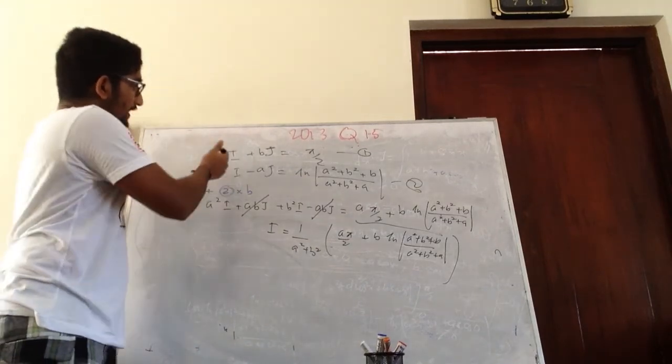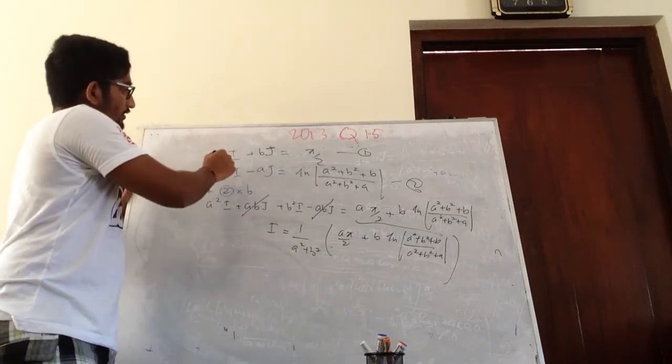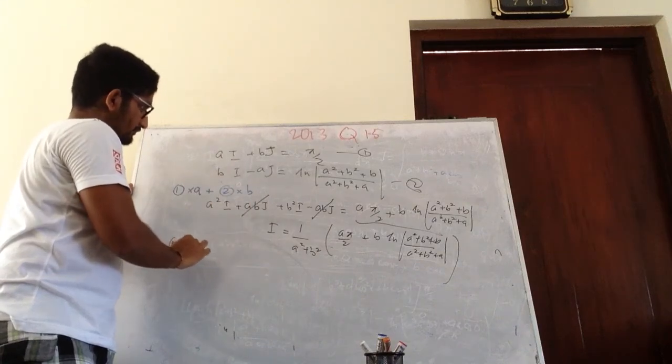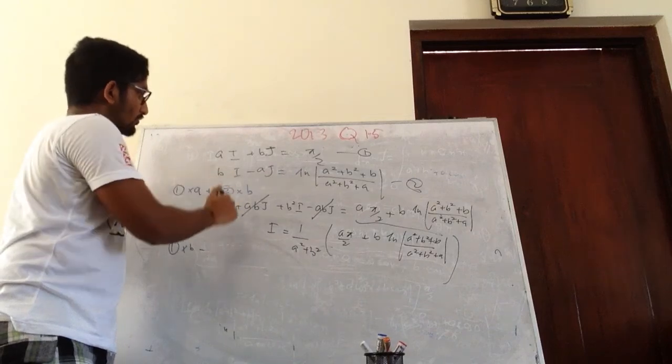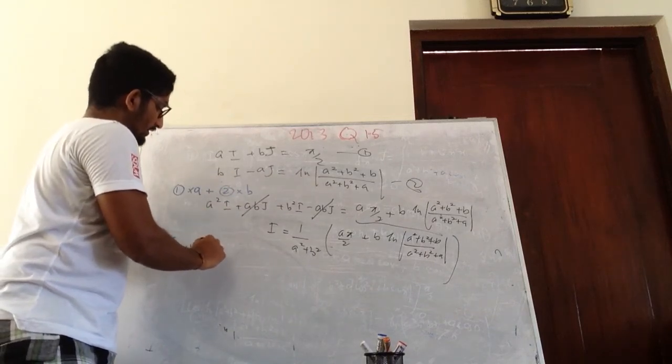Okay, so I'm going to do a similar thing to get J. Now I'm going to eliminate I. What I'm going to do here is multiply the first by b, then subtract it from the second, which I multiply by a.